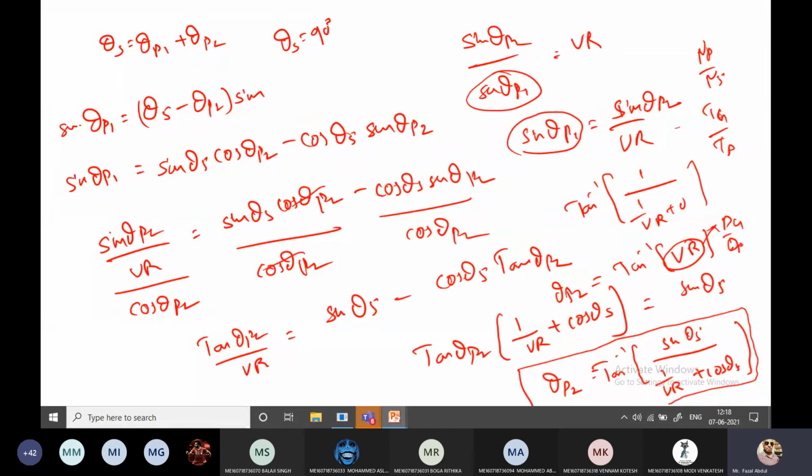Okay, so these two are the pitch angles. The title itself indicates determination of pitch angle for the bevel gear. Pitch angle for the pinion, I just calculated. Pitch angle for the gear, it is appearing on the screen. These two are very important while solving the problem. Regarding this, do you have any doubt? You can ask. Otherwise, we'll move to the next topic.